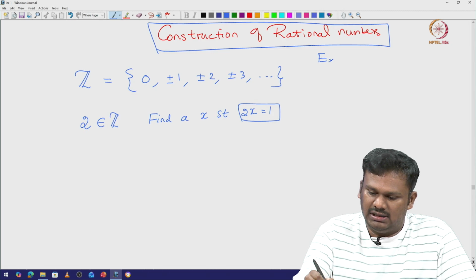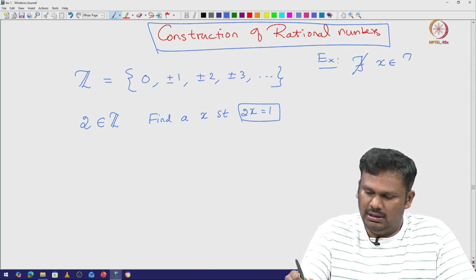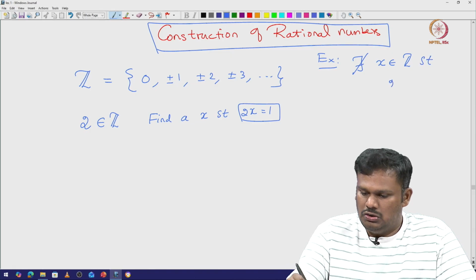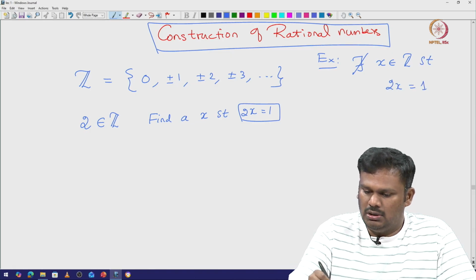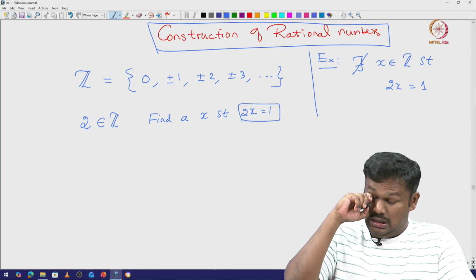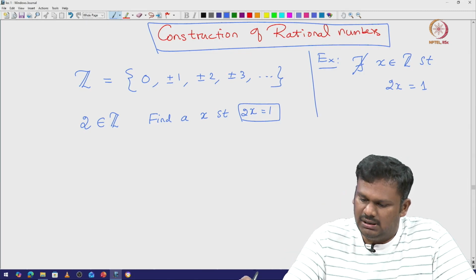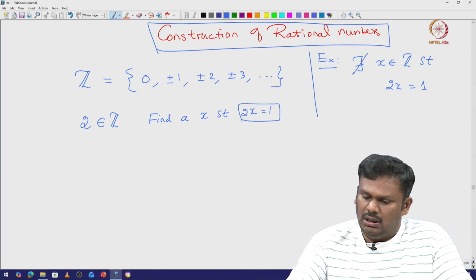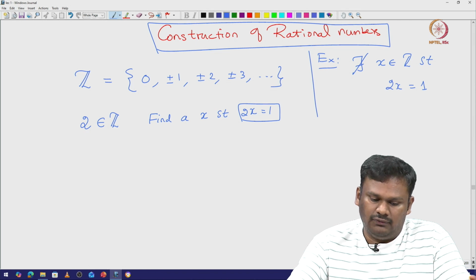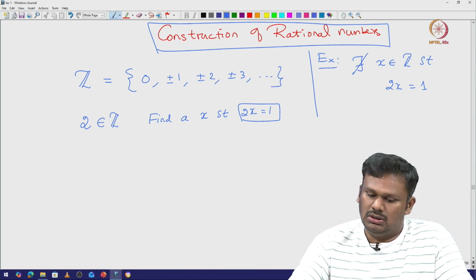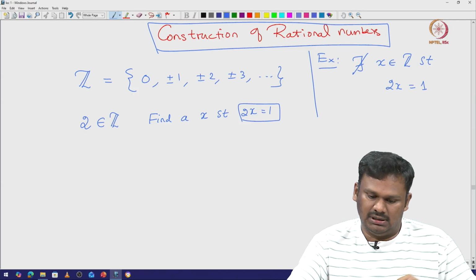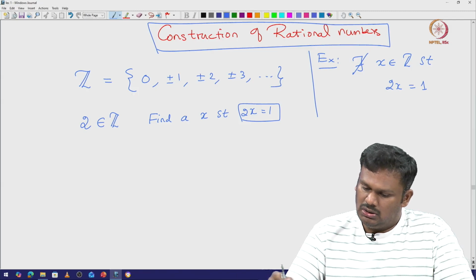I will leave it as an exercise that there is no x in integers such that 2x equals 1. So, in order to get solutions for this equation, one has to go beyond integers. That is where the rational numbers come in.